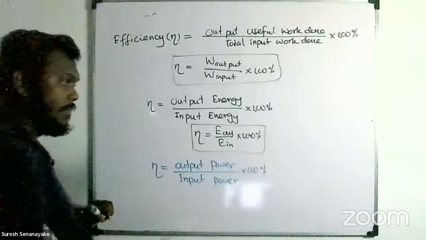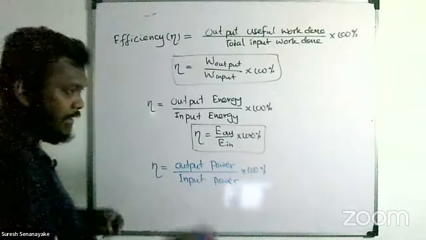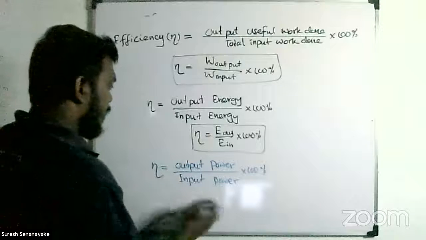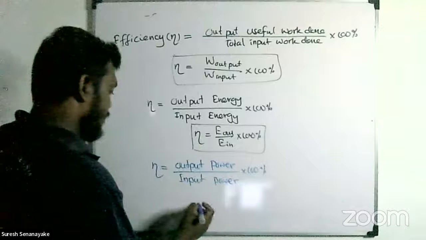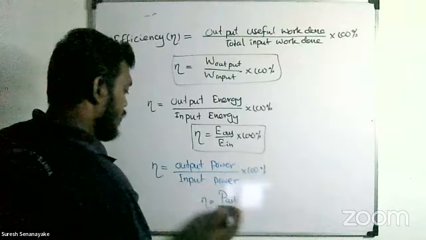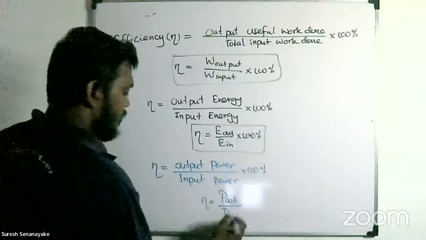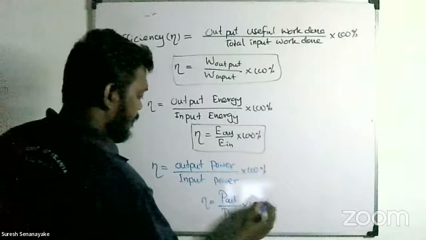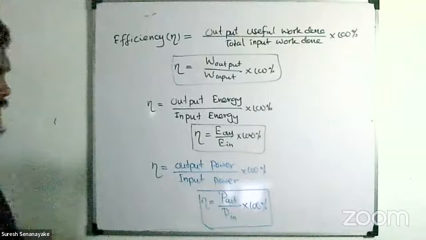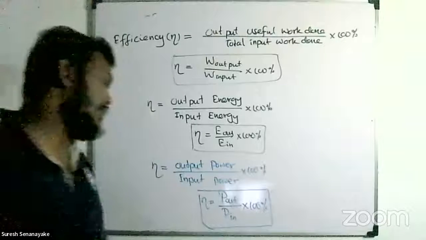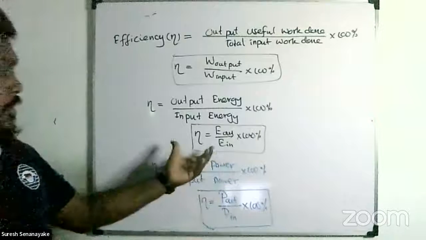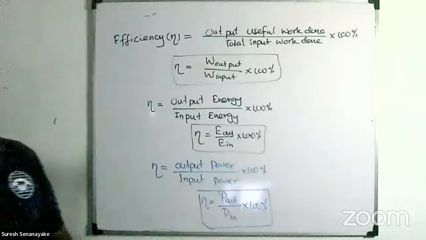Let's say for a vehicle the power is given by the fuel burning, and then it's converted to mechanical energy, mechanical work done. So eta is power out divided by power in, multiplied by 100. If they are considering power, you can write the efficiency this way; if they are considering energy, use energy or the work done.